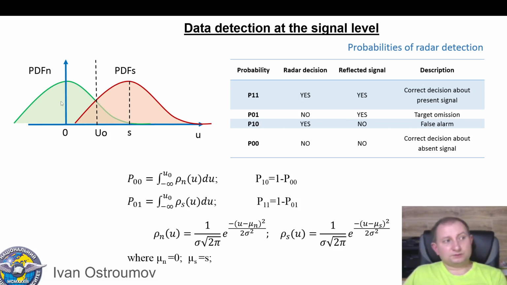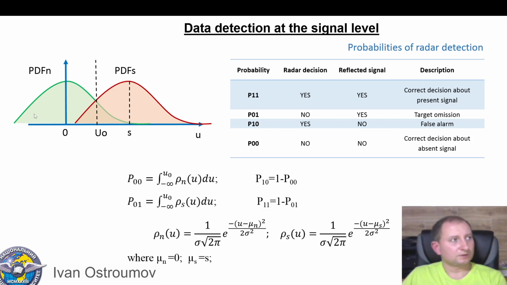Therefore, if you would like to get the probability of correct decision about absence of signal, P00, it means we need to count the probability that the decision will be false.